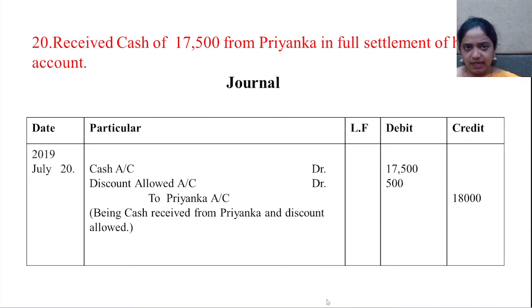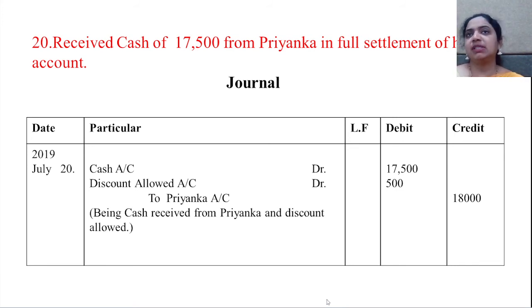When the word comes, that means this transaction is connected with the above transaction, that was sold goods to Priyanka 20,000 at 10% TD. Remember, it is connected with the above transaction.